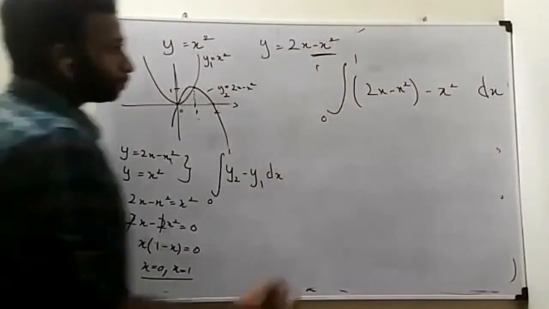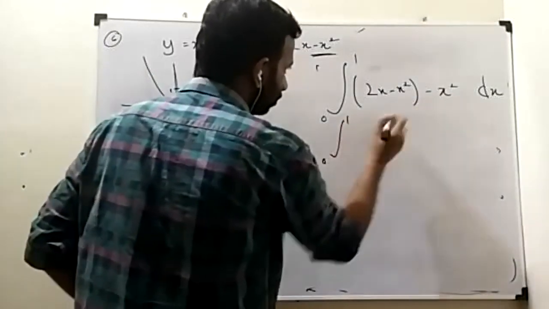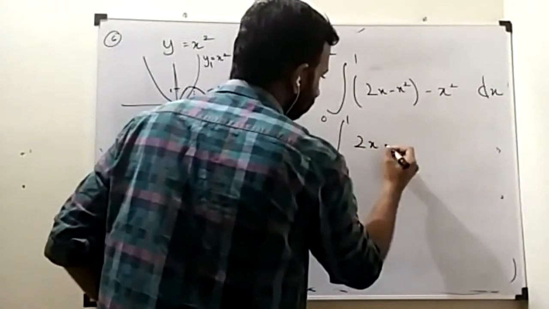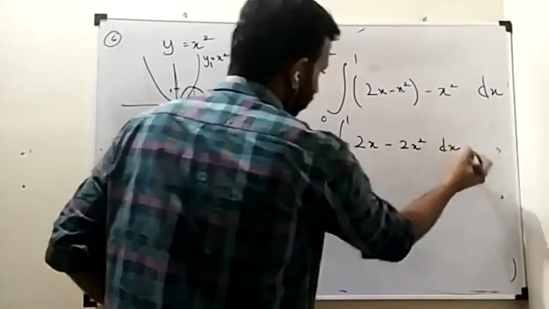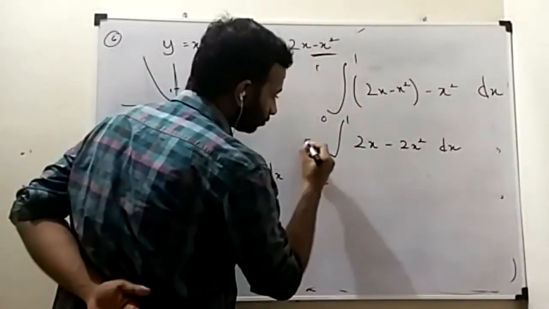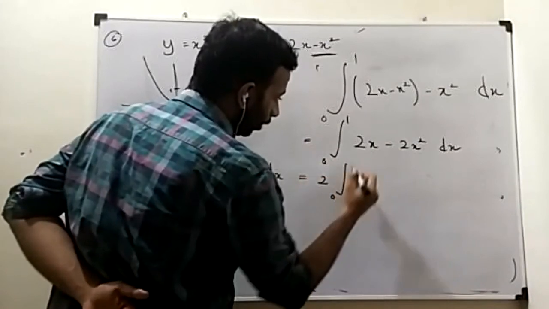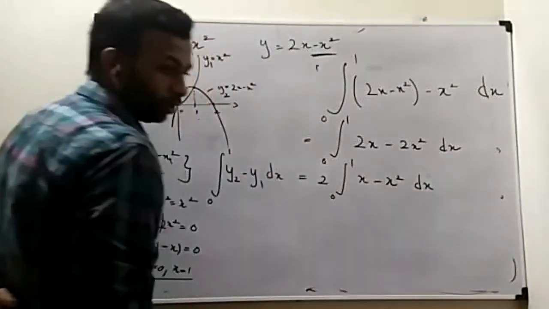Now, if you simplify this, you get the integral from 0 to 1 of 2x minus x squared minus x squared, dx. So we can take the 2 outside: 2 times the integral from 0 to 1 of x minus x squared, dx.